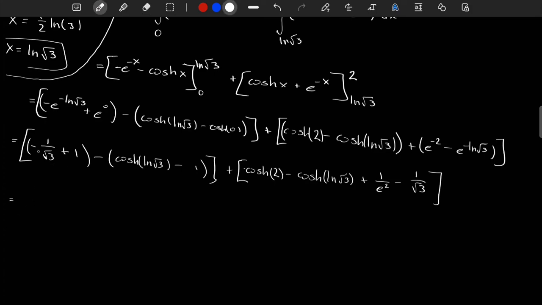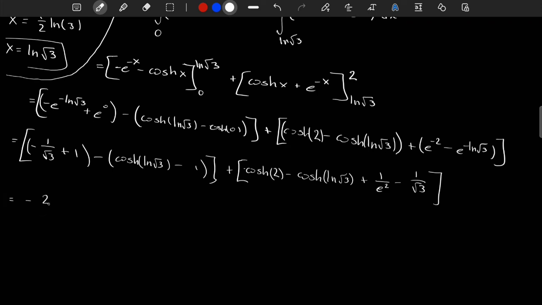We have a negative 1 over square root of 3, and then we have another negative. So we can do 1 minus 1. So what is negative 1 minus 1 over square root of 3?